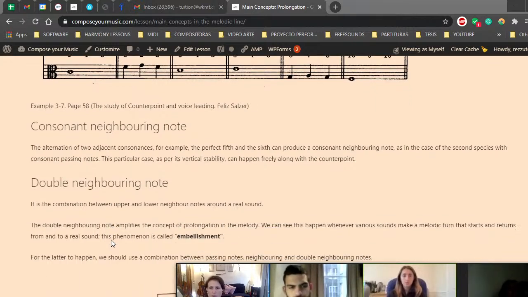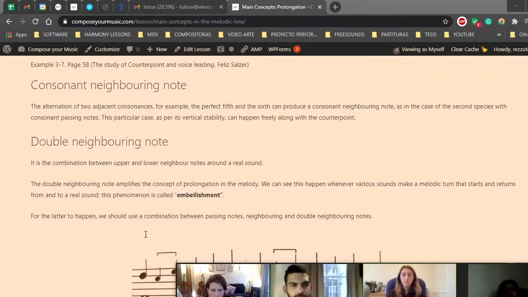Consonant neighboring notes. The alternation of two adjacent consonances, for example, the perfect fifth and the sixth, can produce a consonant neighboring note, as in the case of the second species with the consonant passing notes. This particular case, as per its vertical stability, can happen freely along with the counterpoint. Why?